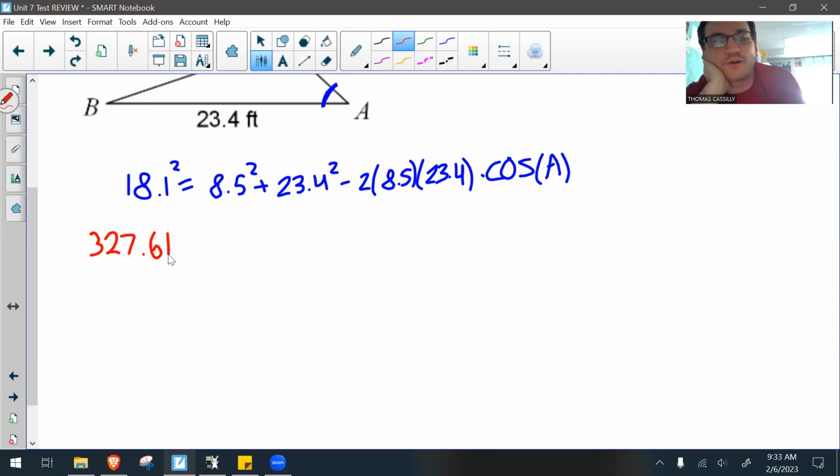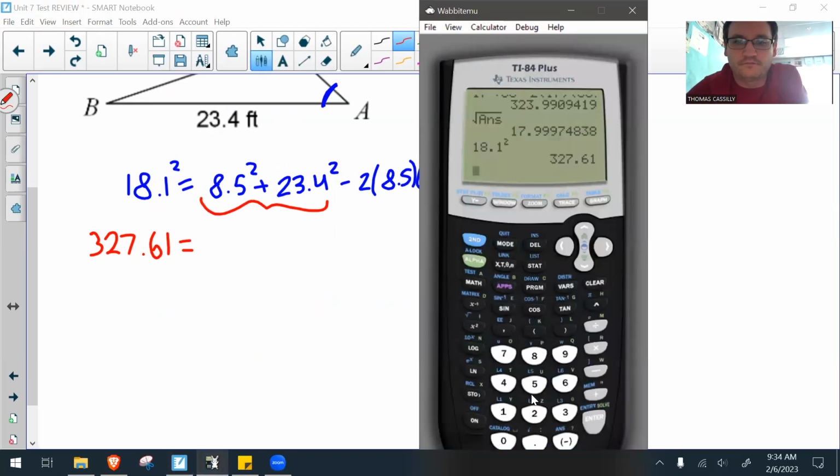327.61. All right, now what I'm going to do next is put both of these in the calculator. So we're going to have 8.5 squared plus 23.4 squared, whatever that is, 619.81.